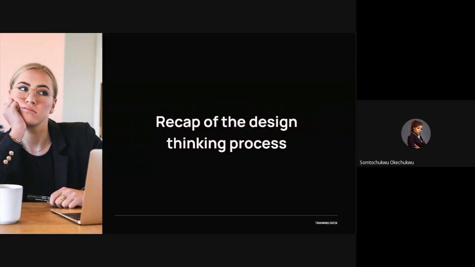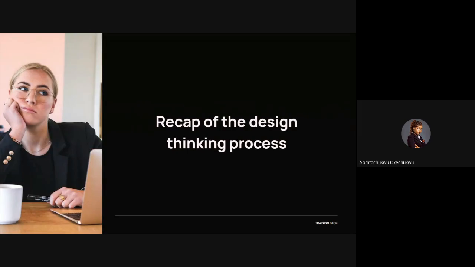If you've gotten to the prototyping phase and you now want to test, you do not test with people from the sky, you still test with users, and that's another form of research. It could even become experimental, because you're trying to know if this thing works or does not work. So it can come in at any point.